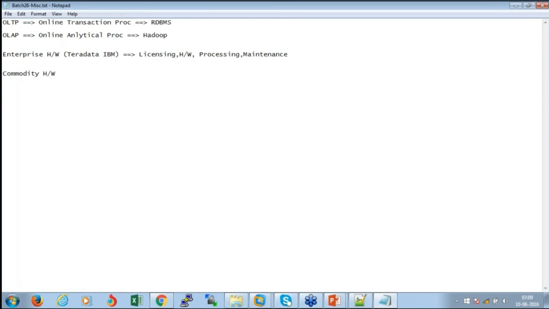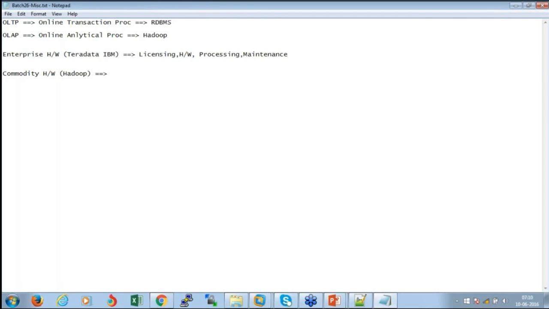So all these costs are incurred in any of your enterprise hardware, right? Now come to commodity hardware. I would say the best example is Hadoop, and I don't have any enterprise version which is supporting Hadoop because it's commodity hardware.